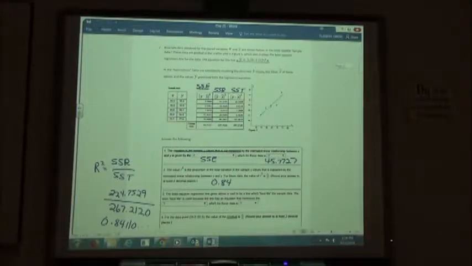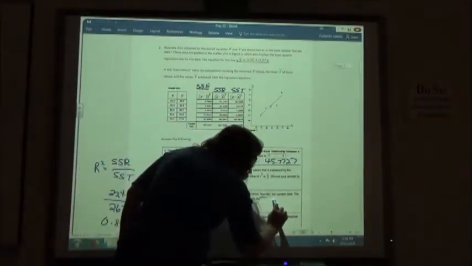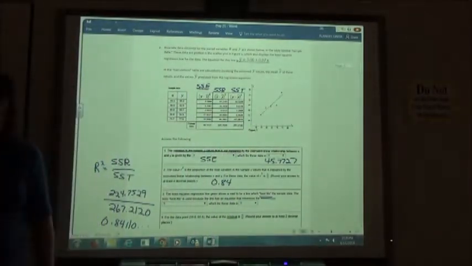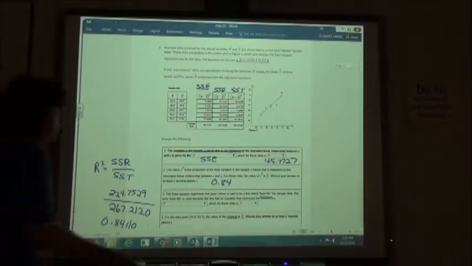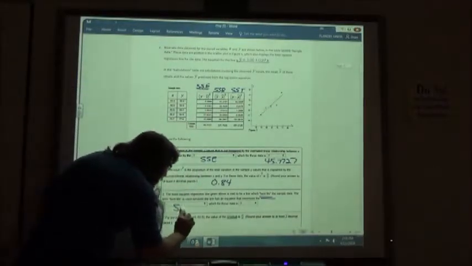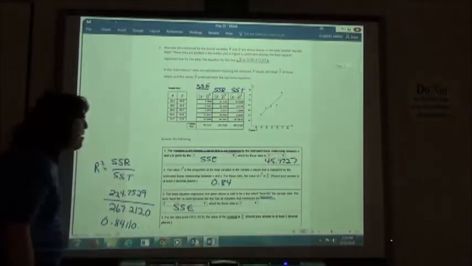Number 3, it says the least square regression line given above is said to be the line of best fit. Again, if you remember from problem 1, when it talks about the line of best fit, the term best fit is used because the line has an equation that minimizes the error again. So I'm going to have SSE. It minimizes my error.